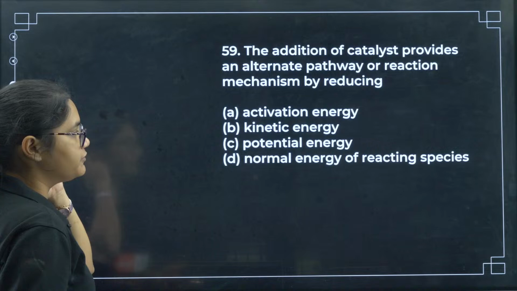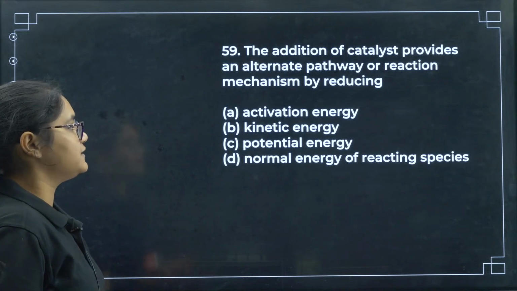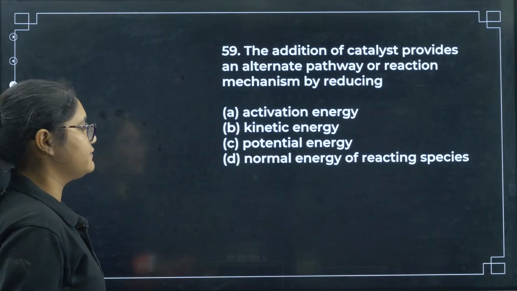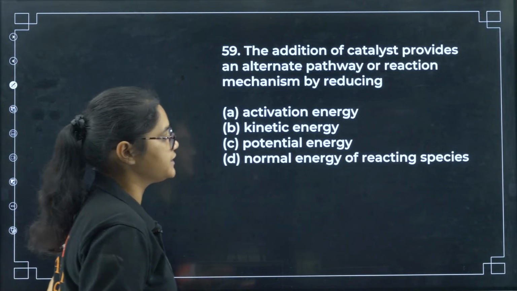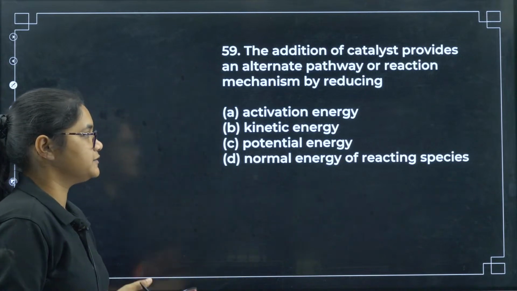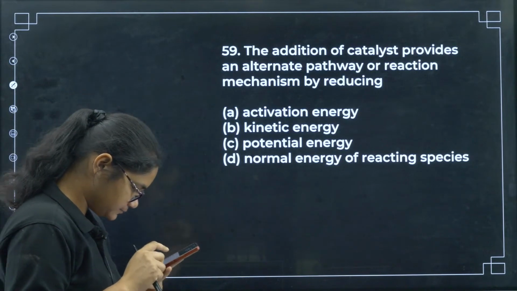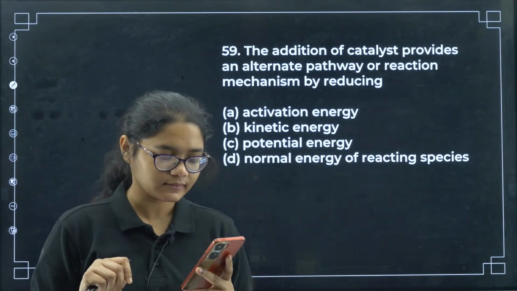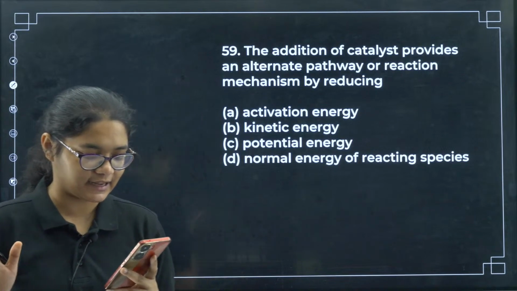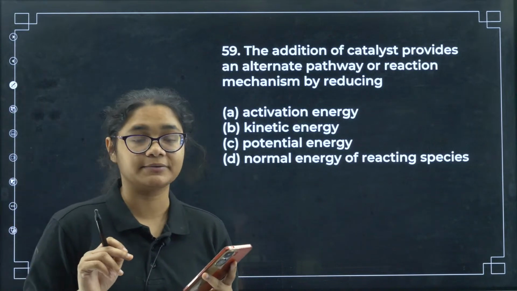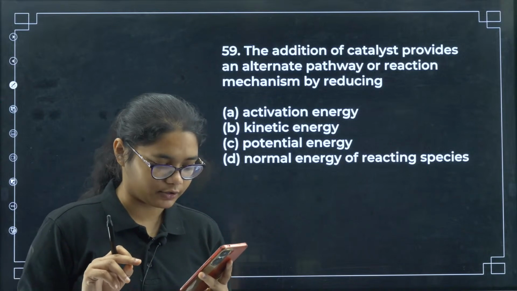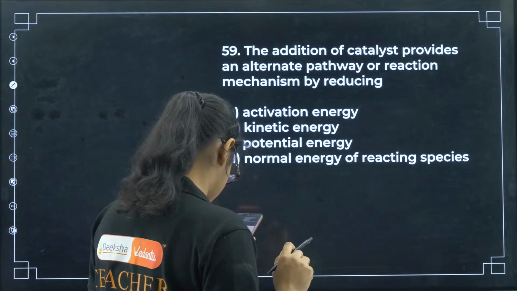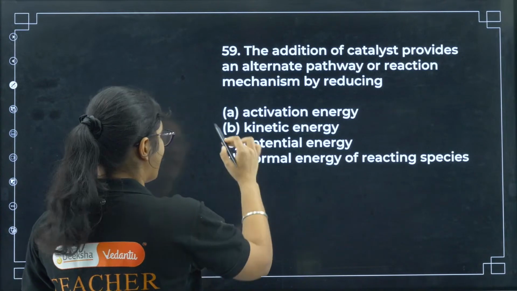Next, 59. The addition of a catalyst provides an alternative pathway or reaction mechanism by reducing what? Activation energy, kinetic energy, potential energy, or normal energy of reactant species. Very direct question. Acharya, C is wrong. It is activation energy.